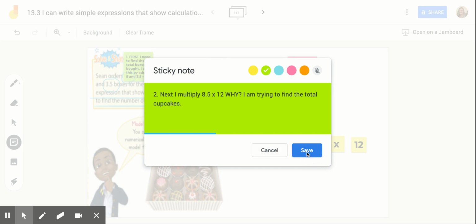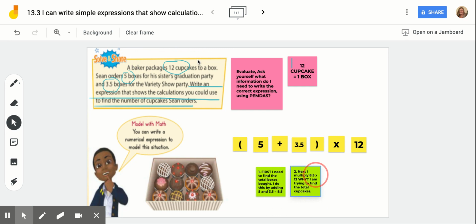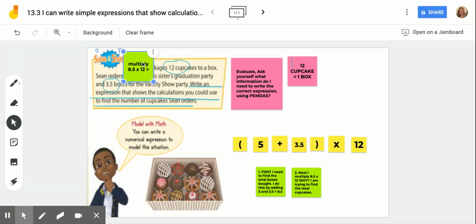Finally, I'm going to add one more sticker: I multiply 8.5 times 12 to equal what? I'm going to come back to this.